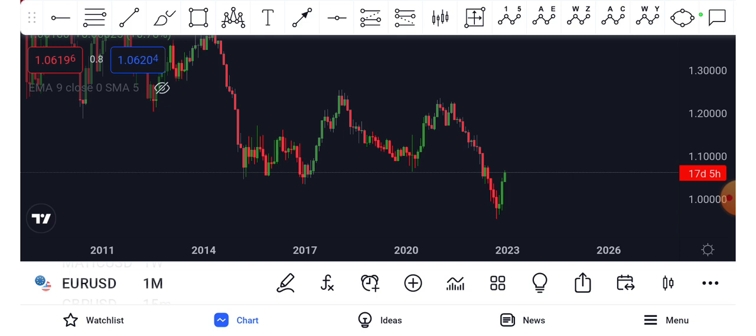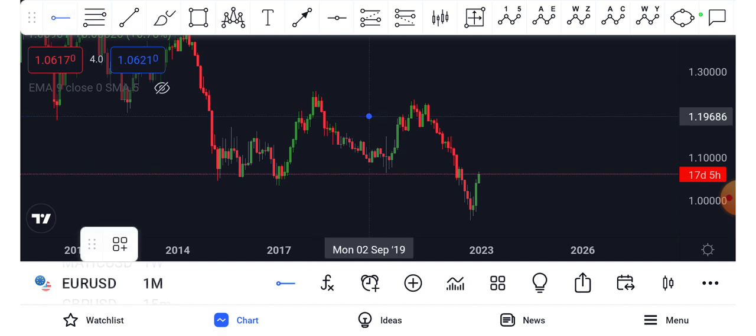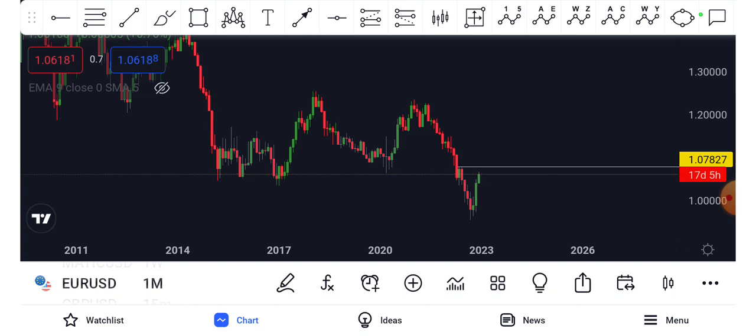So first thing you do is understand that we are in a monthly time frame. Everything here is happening on the monthly. So the first thing you do here is mark up the last liquidity point, which is this point. That's the last monthly regular pullback that we have.